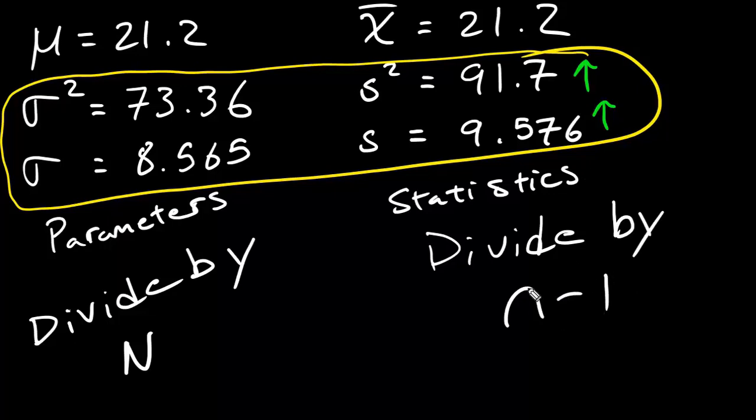We only have a subset of it. And so that's why we subtract 1 from n when we are dividing. Essentially, this is a penalty that's going to make our variances larger.